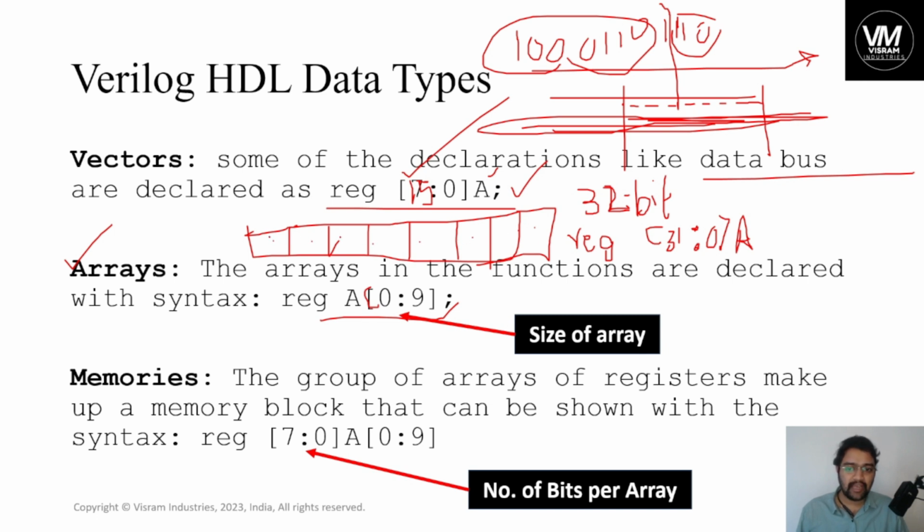So now it is an 8-bit array. In the same way, if we are looking at 9, it is a 9-bit, and 10, it is a 10-bit array now. So 0 1 2 3 4 5, 6, 7, 8, 9.